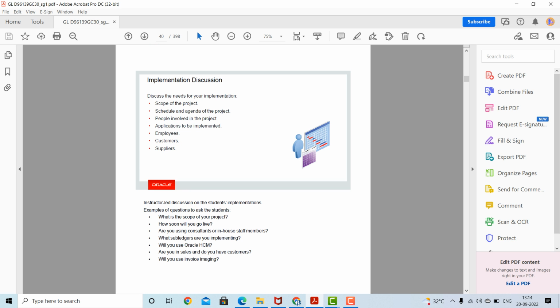Implementation discussions. We will discuss what the needs are for our implementations. We should know the scope of the project, and the schedule and agenda of the project.